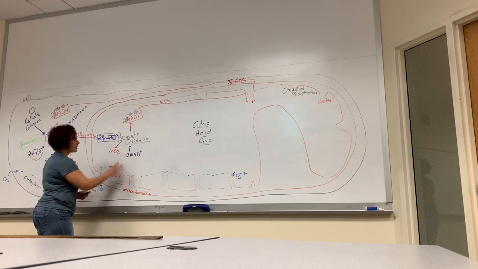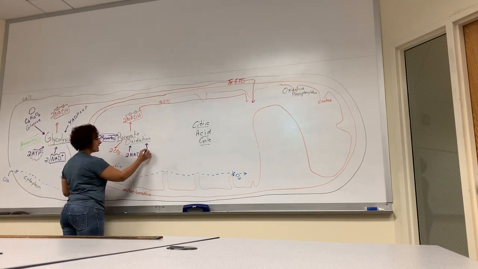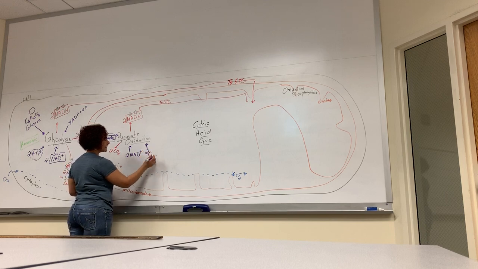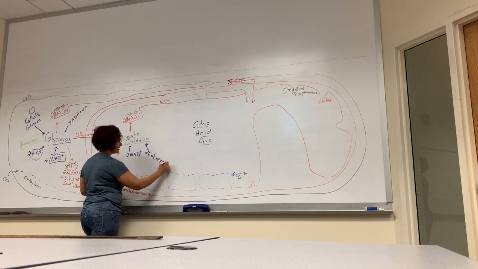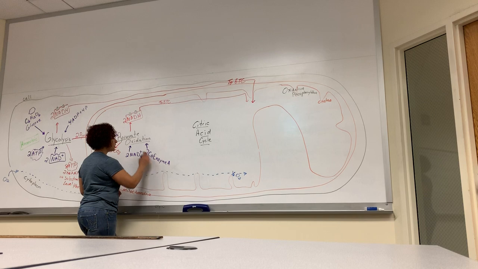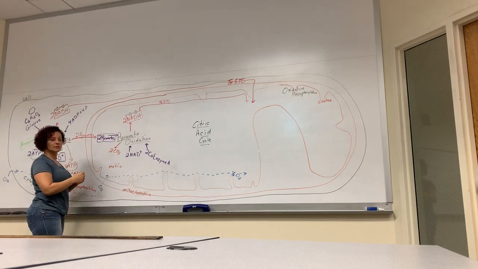All right, we're almost done with this system here. We have a molecule going in: 2 coenzyme A, C-O-E-N-Z-Y-M-E. 2 coenzyme A's go in, 1 coenzyme A for each pyruvate.